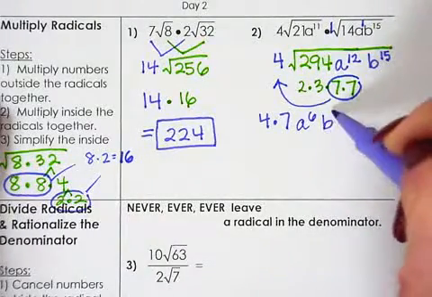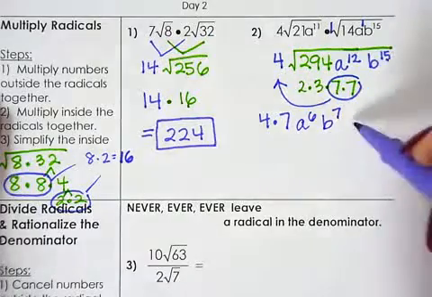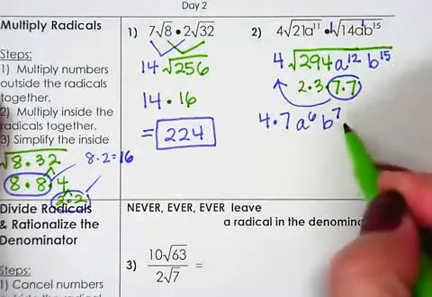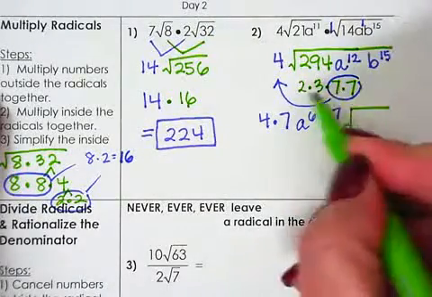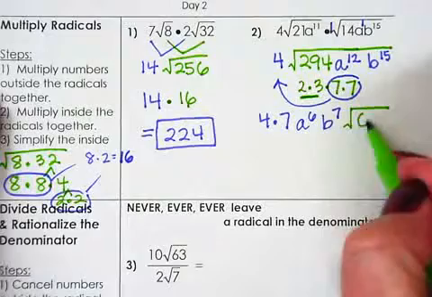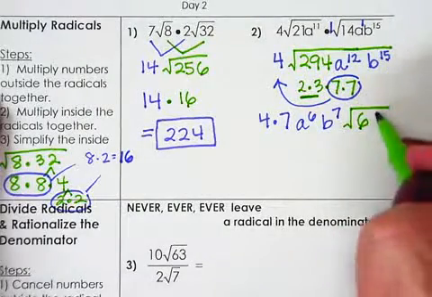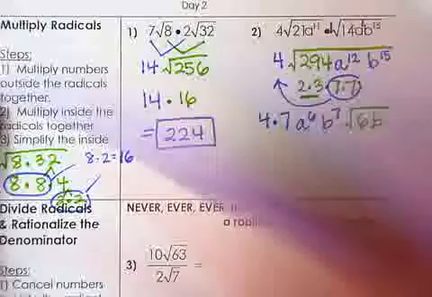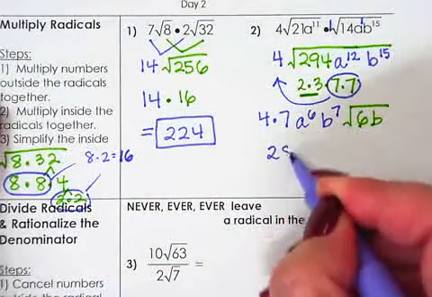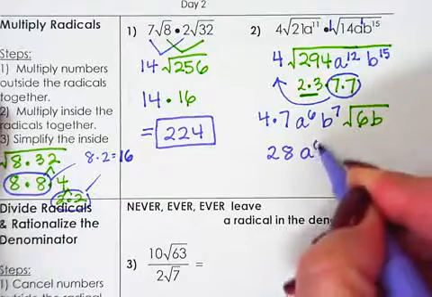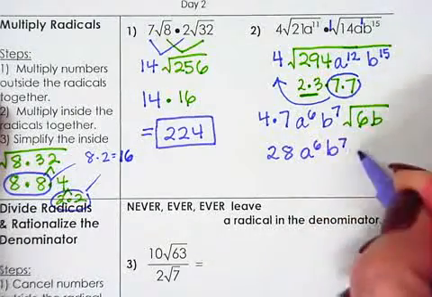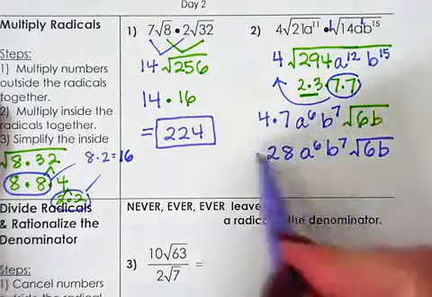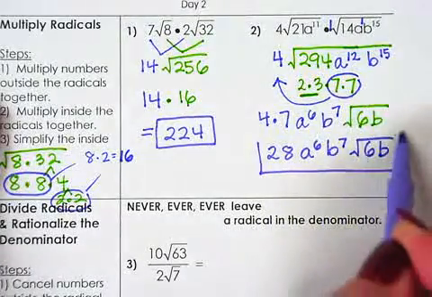So that's b with 7 pairs and 1 left over. So on the inside of my square root, I still have the 2 times 3 here, which gives me a 6. And I still have 1 more b left over. So my final answer then is going to be 28, a to the 6th, b to the 7th, and then the square root of 6b. And that's the end of that problem.